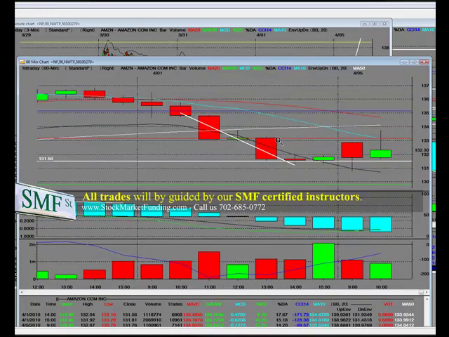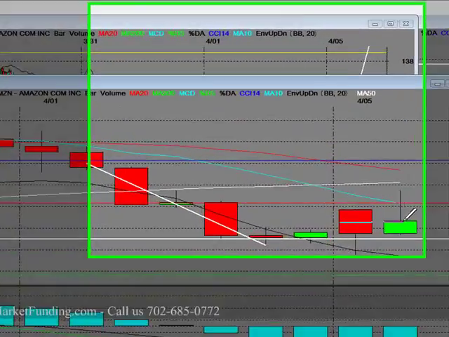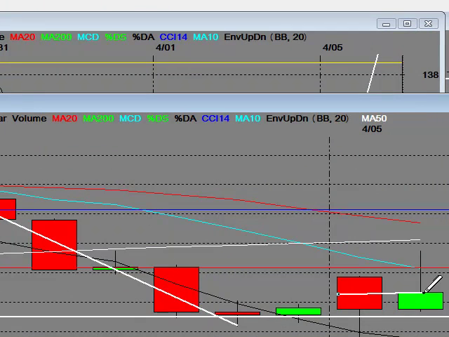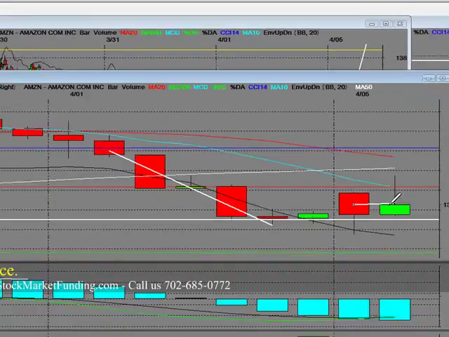And basically on the 60-minute chart, half of this bar, I'm not above it on the 60. I've got to get back above here. I've got a distribution wick and I'm below half of my 60-minute bar.